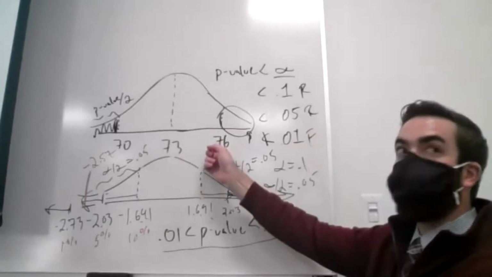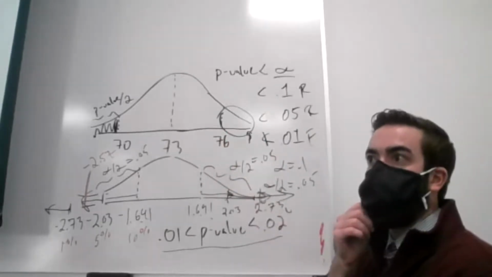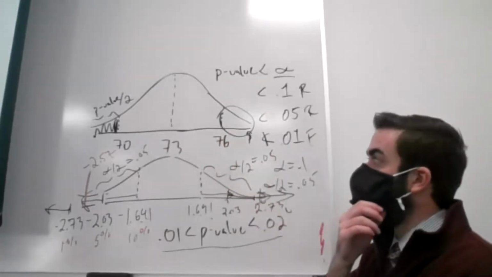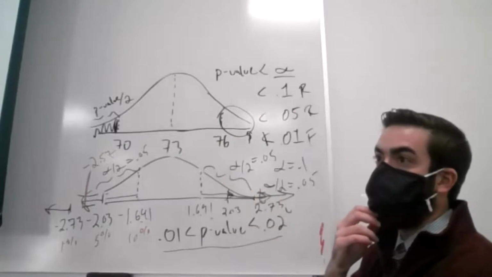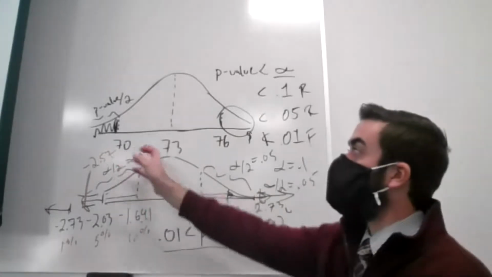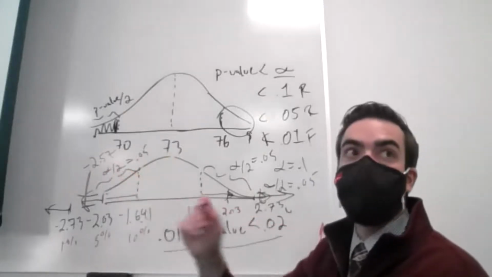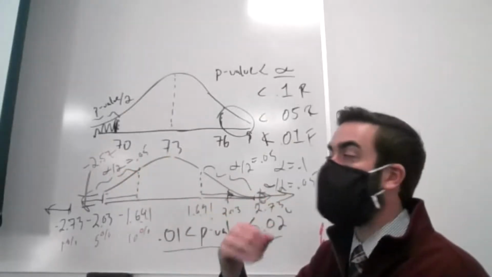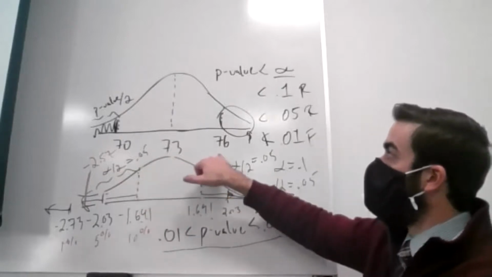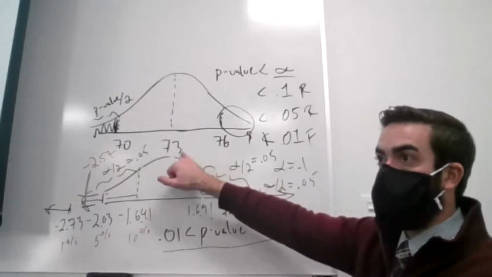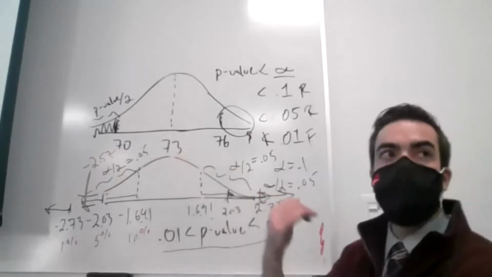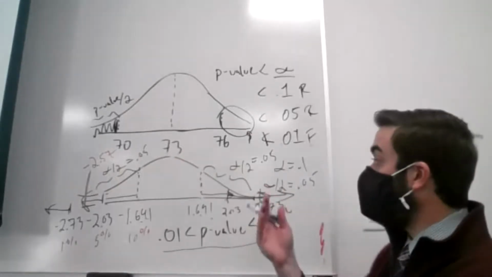So if I see 76, what should my test statistic be? So when 70 was 3 below the assumed true value, it had a test statistic of negative 2.57, which meant it was 2.57 standard deviations below that assumed true value. 76 is 3 above that assumed true mean. It's going to be the same test statistic, but positive.